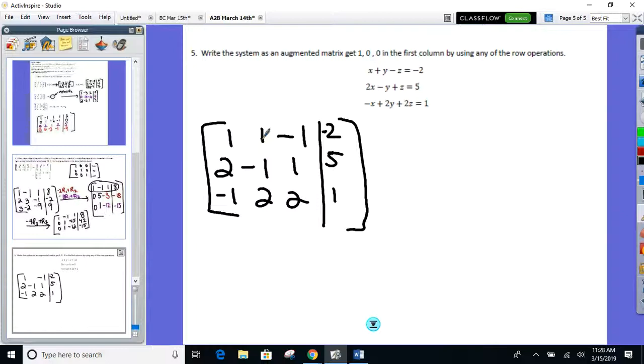Okay, I need 1, 0, 0 right now. That's it. Don't worry about the rest. We'll worry about that sometime next week. But right now I want 1, 0, 0. So you guys need to figure out, what do I need to do to make that 2 into a 0? What do I need to do to make that negative 1 into a 0?